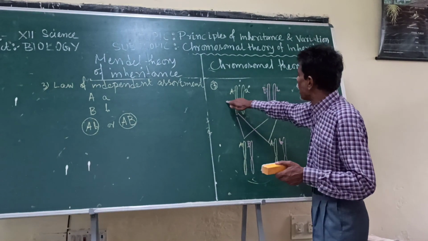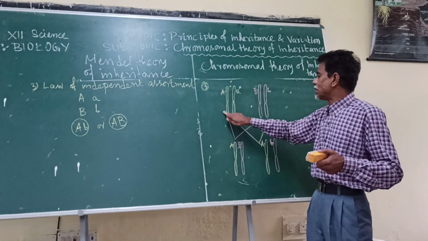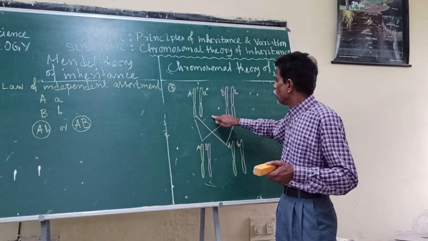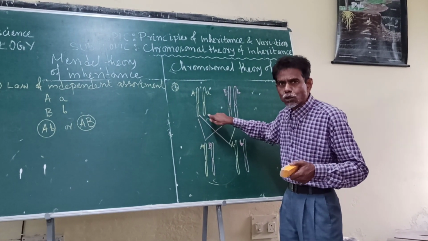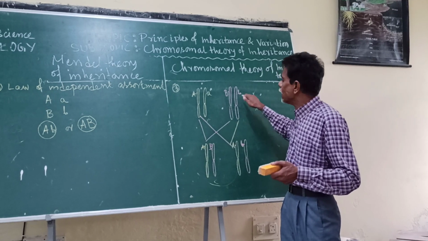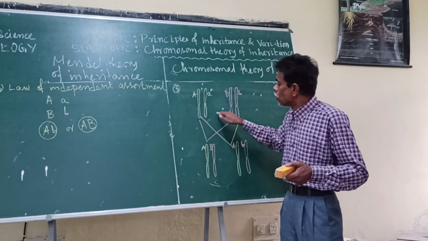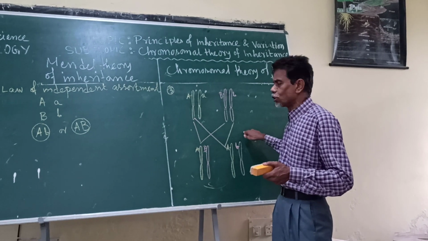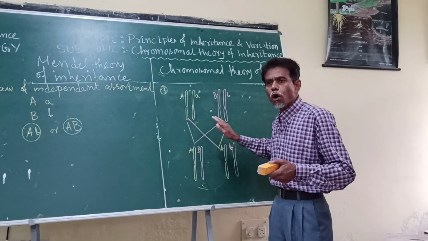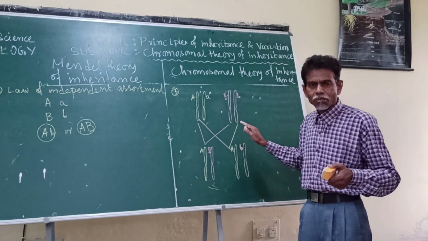Same thing Sutton and Boveri told: the assortment of a chromosome from its homologous pair with respect to the other homologue is independent. So while the chromosomes are assorting independently, the genes they carry also assort independently.